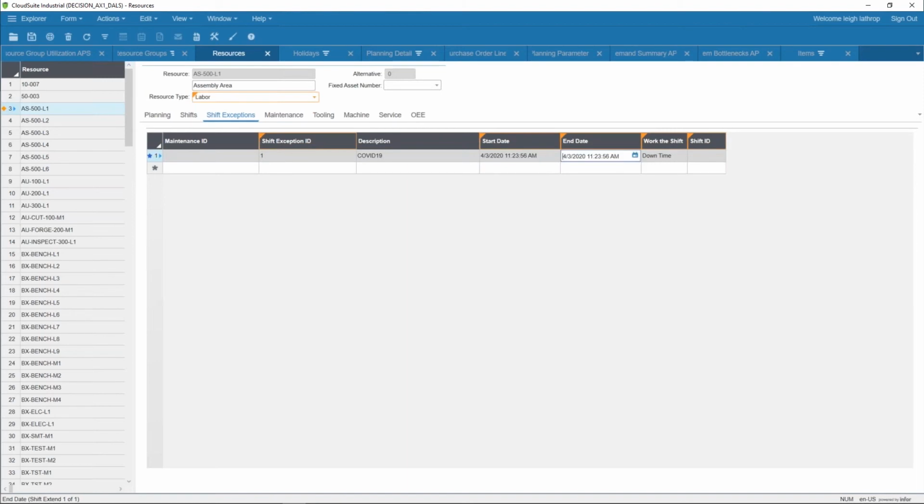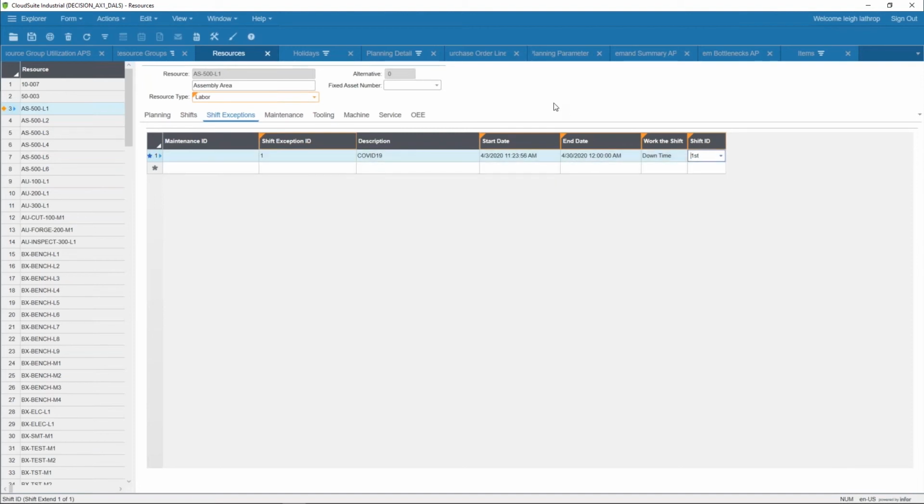From this date to this date, this resource is down on shift number 1, on the first shift. When you save this shift exception record, it says this resource is not going to be available from this date to this date on this shift.